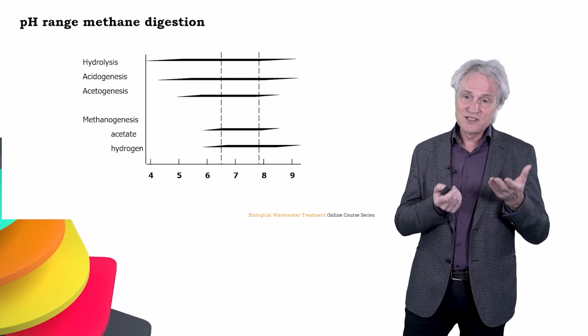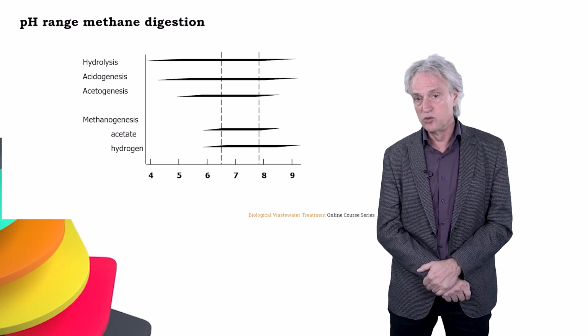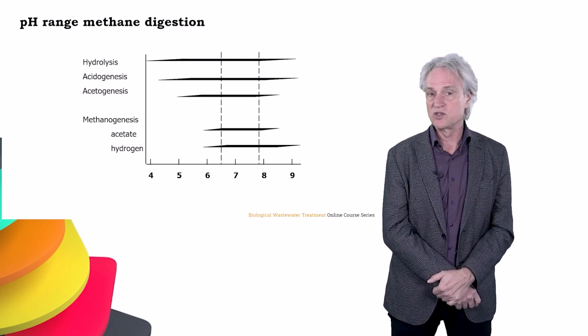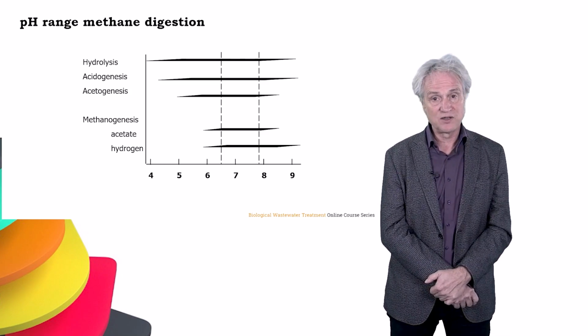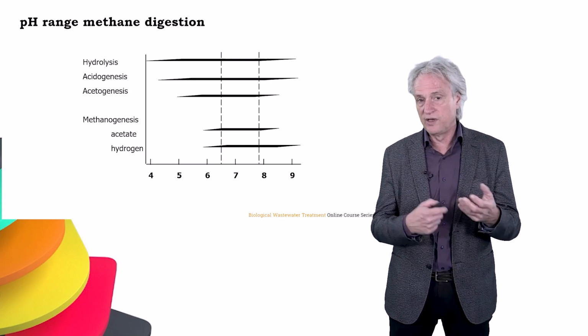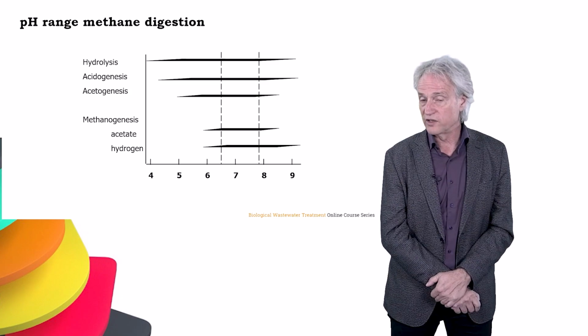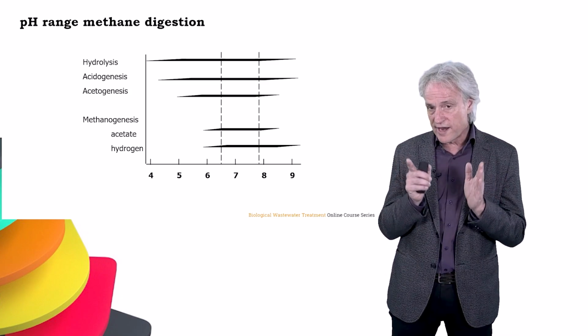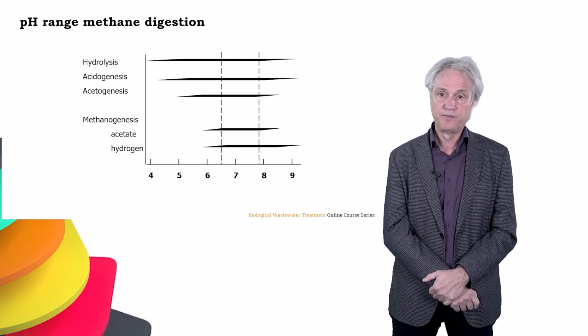Now to understand this, this is more or less the pH range of the various trophic groups inside our methanogenic biomass: hydrolysis, acidogenesis, acetogenesis, and methanogenesis. Now it is clear from here that the methanogenic organisms have a more narrow pH range than the fermentative bacteria.